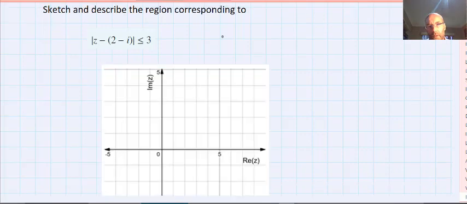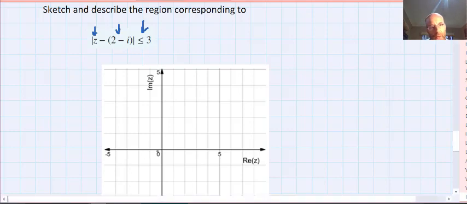So deconstructing the statement, it means that essentially the magnitude, or the modulus, or the distance between any point on the complex number and its center, which is going to be 2 minus i, is always less than or equal to 3. So we actually get a circle from such a thing. If you think about that constant distance away from a point, that becomes the center. So let's put on the center first, which is 2 minus i.